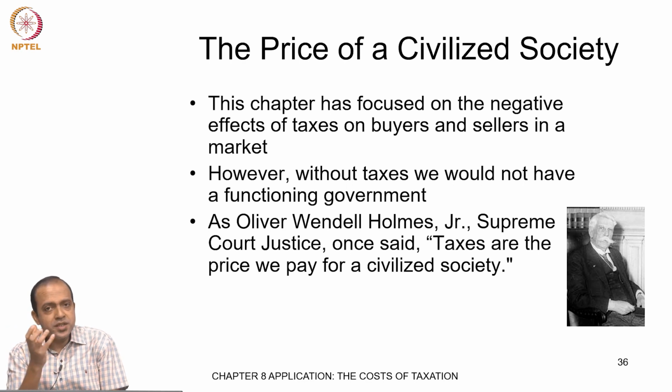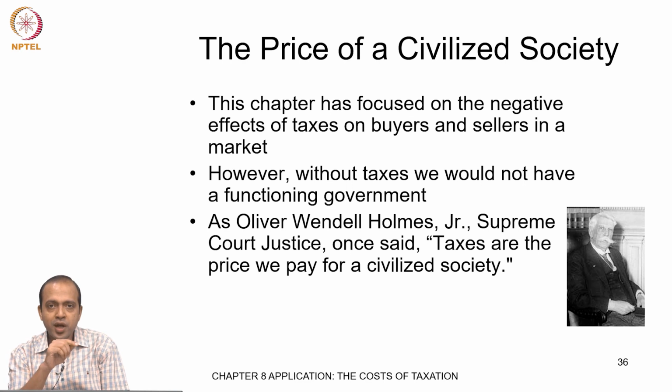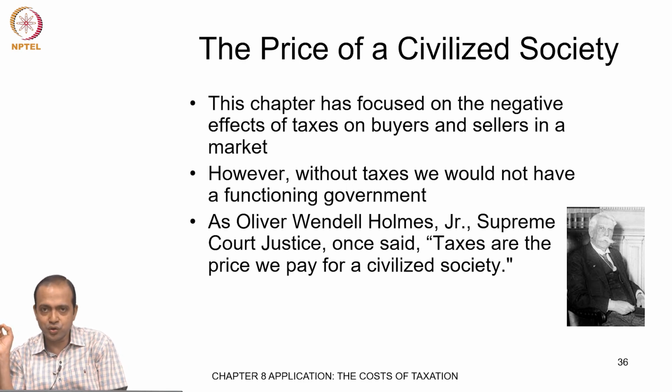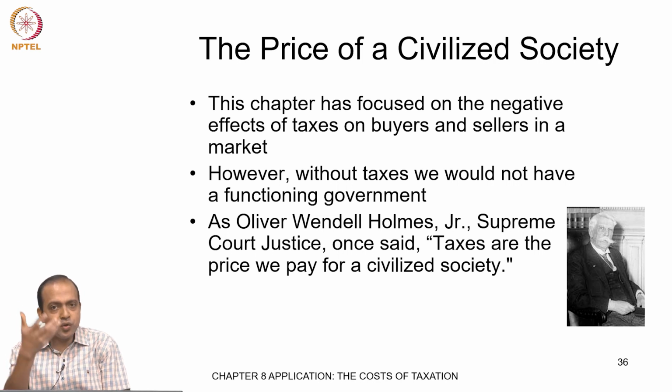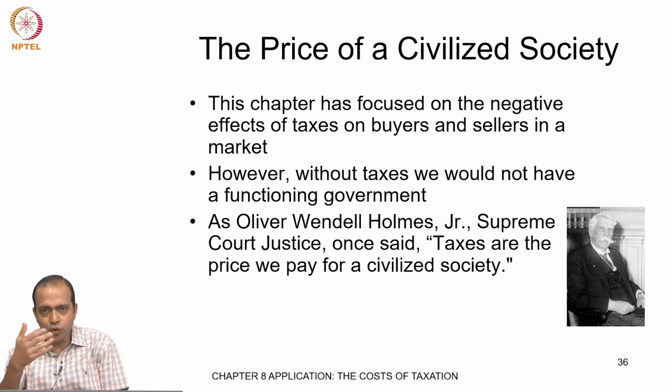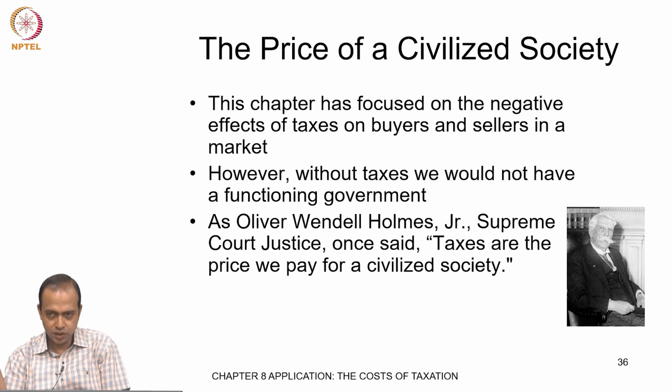The cost of taxation arises because government is not able to take the entire consumer surplus and entire producer surplus into its pocket. If that was the case, there would not have been any deadweight loss or cost of taxation, because anyway the government is going to spend that money for you, for me, for many other citizens.